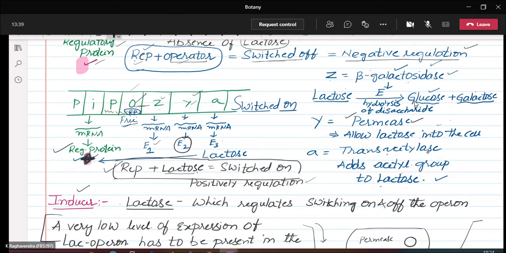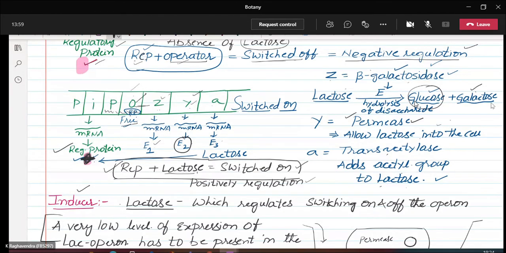In that way, the operon becomes switched on and the lactose metabolism will run inside the cell, digesting the lactose into glucose and galactose. And as soon as this glucose is formed inside the cell, the glucose is utilized for energy production.